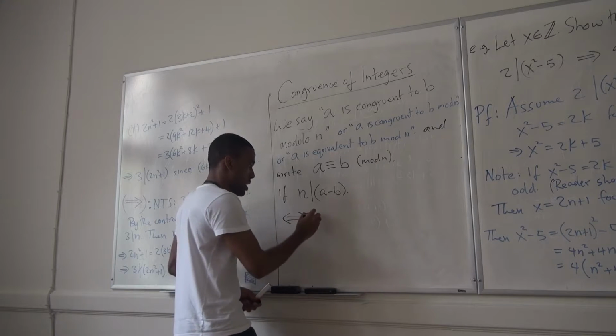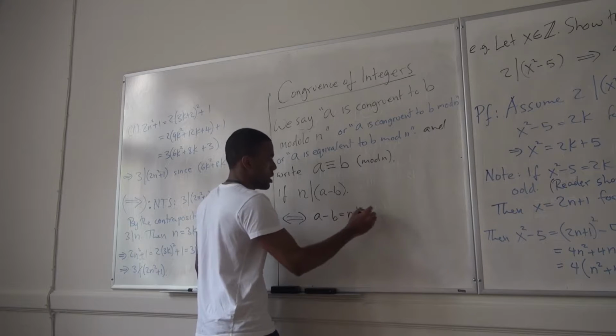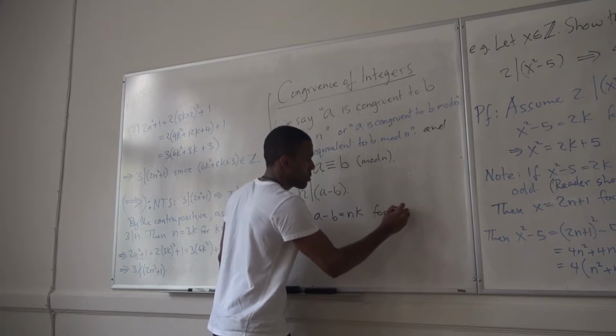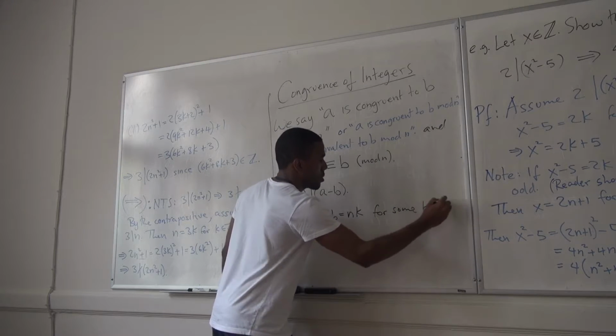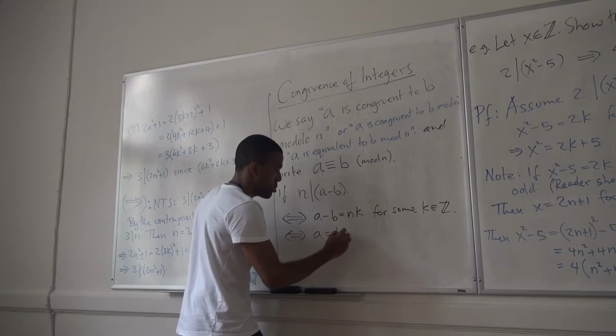It means that A minus B is equal to nk for some k. Right? Which is exactly the same as saying A is equal to B plus nk.